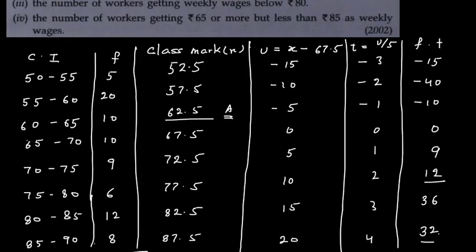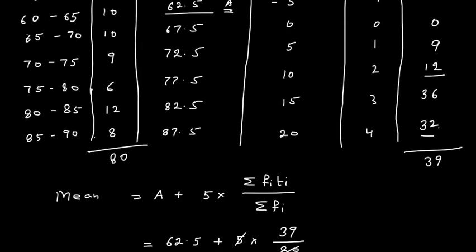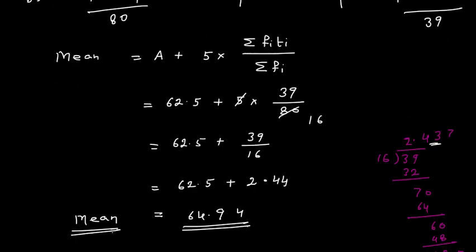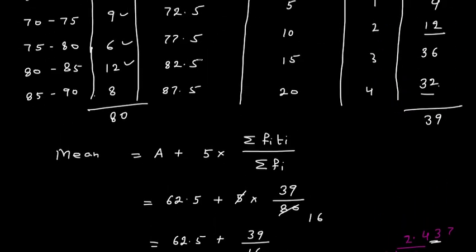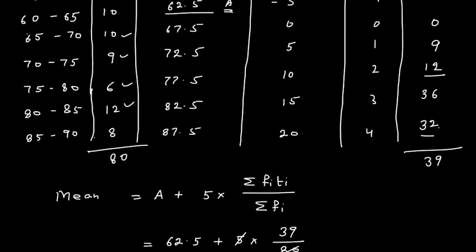So more than 65. Here, from this column we will start: 10, 9, 6 and 12. So these workers, if you see, their salaries are less than 85 as well as their salaries are more than 65.